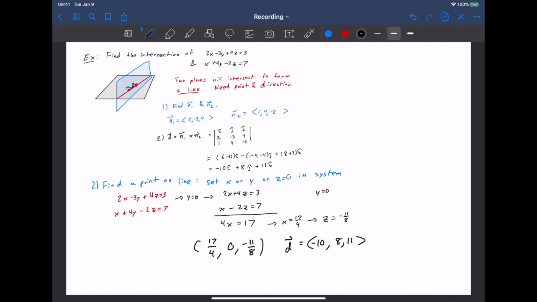I don't know why I'm changing it to component form, but there you go. x equals 17/4 minus 10t. y equals 8t. z equals -11/8 plus 11t. Ta-da. Not very nice numbers. It's not that bad. I know you can do it.